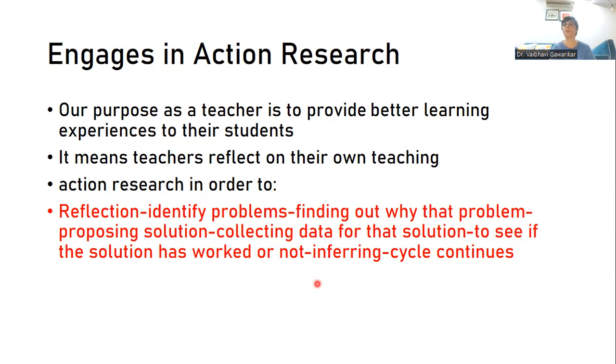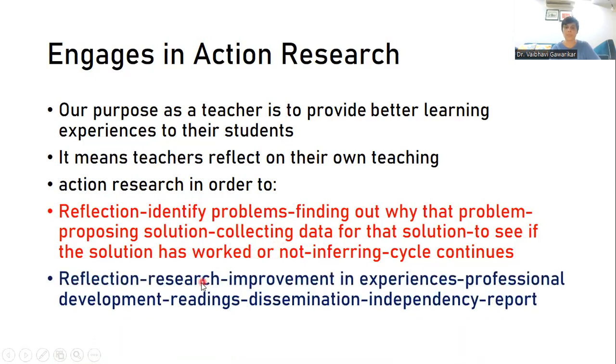And that talks about teacher autonomy, right? So reflection. Now, how is the connection with teacher autonomy? So reflection helps to research. Research helps to improve in experiences. It helps to develop professionally, because you might think that certain things are lacking. Let me do a professional course and implement certain solutions. You'll start reading, disseminating, thereby becoming independent and also preparing a report.